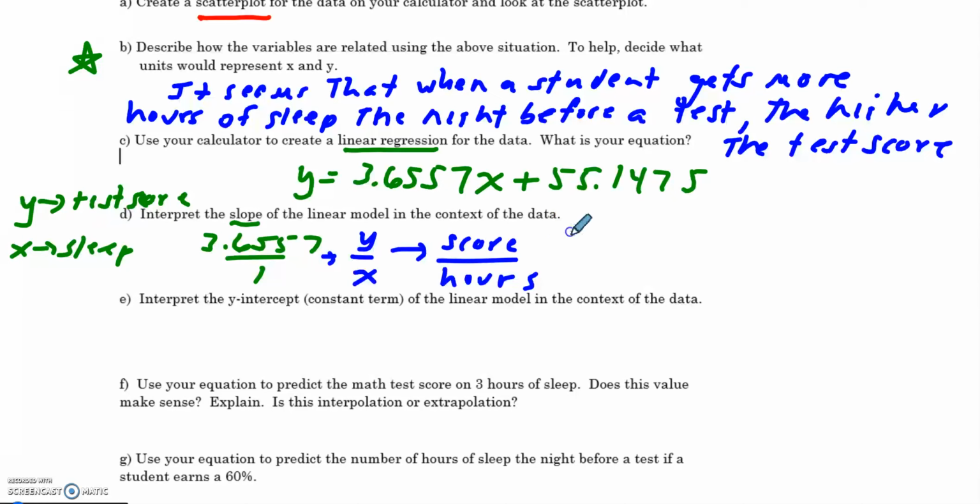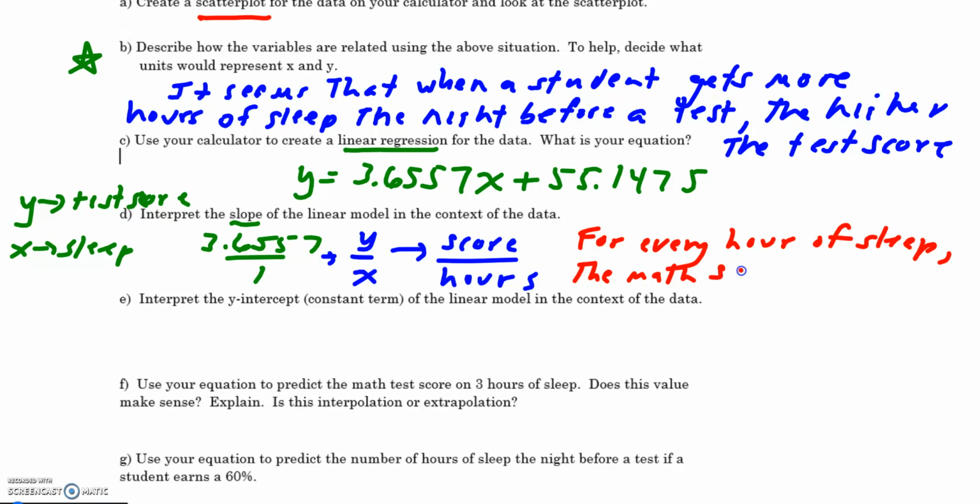For every hour of sleep, the math score increases by somewhere between 3.6 and 3.7%. So for every hour, that's about a 3.5 to 4% increase, which is pretty significant.